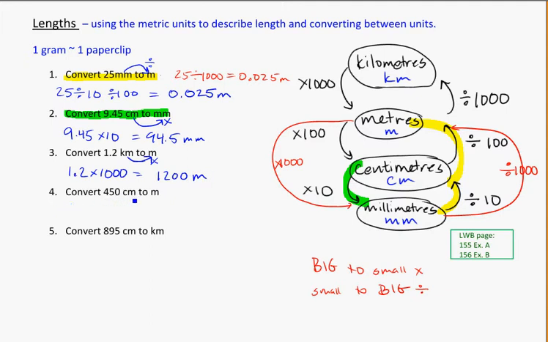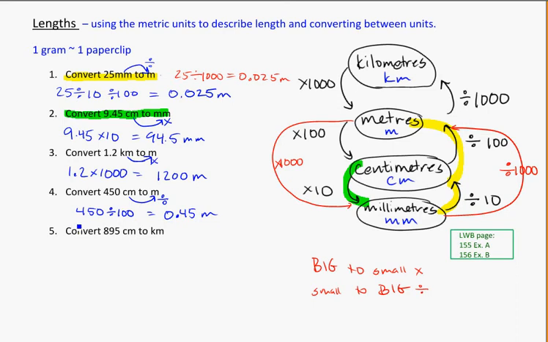Converting 450 centimeters into meters, well, centimeters are little and meters are bigger. So here I'm going from little to big. I need to be dividing. And I know there's 100 centimeters in 1 meter. So I'm going to go 450 divided by 100 is equal to 4.5 meters.